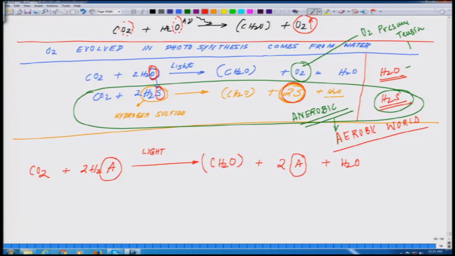Okay. Now, this one is the hydrogen acceptor leading to the biomass formation, and this one, the contrary, this particular molecule is your hydrogen donor.